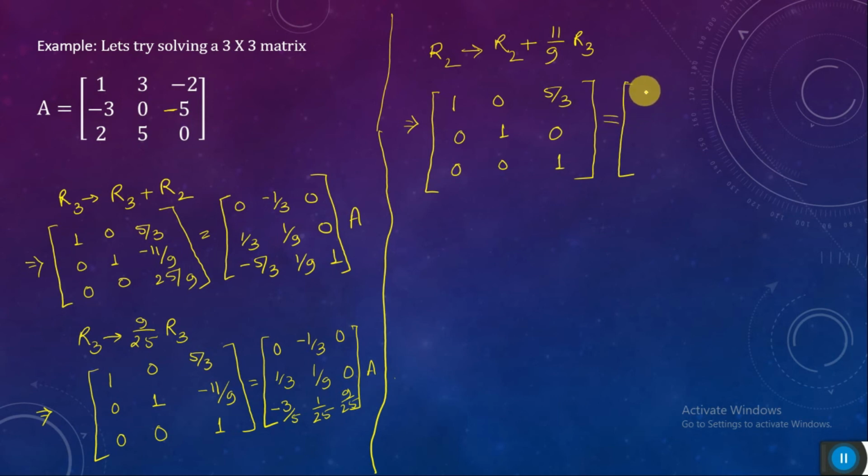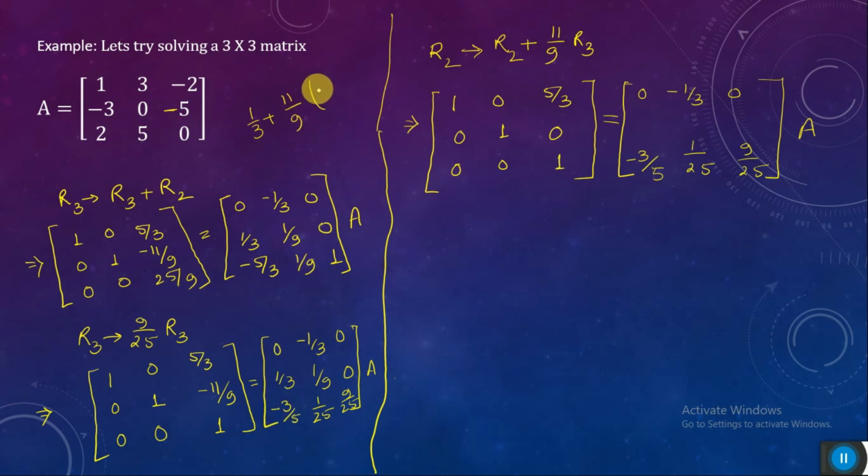So row 1 remains as it is, 0, minus 1 by 3, 0, and row 3 remains as it is, minus 3 by 5, 1 by 25, 9 by 25. Okay, so row 2 is 1 by 3 plus 11 by 9 of row 3.